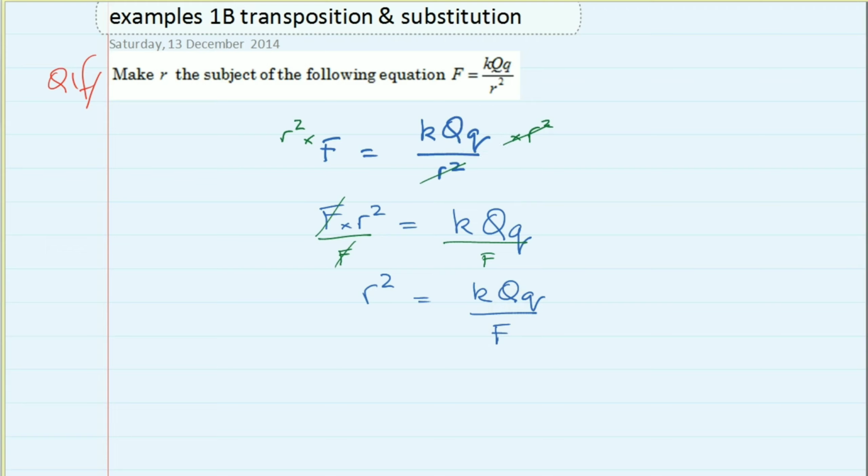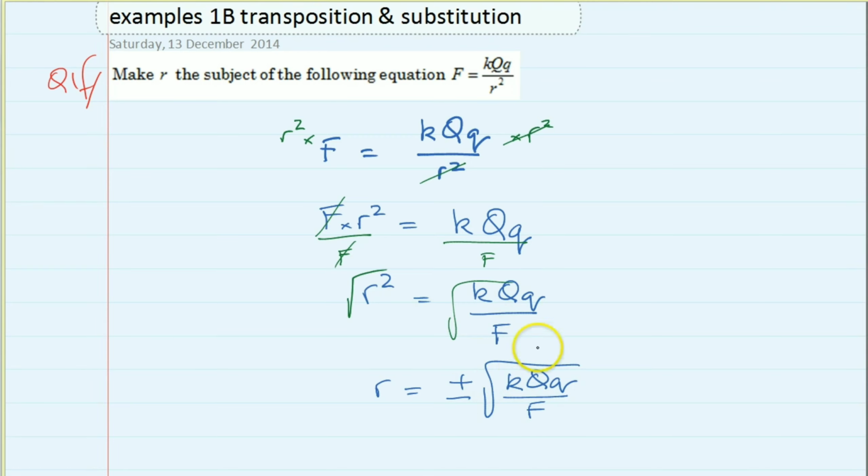Now I need to remove the square from this part of the equation, and so I'm going to take the square root of both sides like this, and the square root of R squared will just be R, and so I'm going to be left with R is equal to plus or minus the square root of K Q times q over F. Now, why this plus or minus?